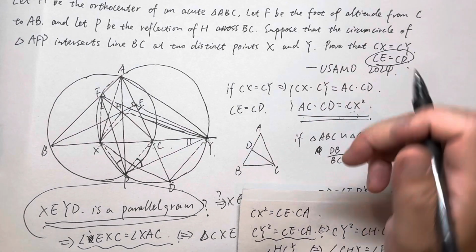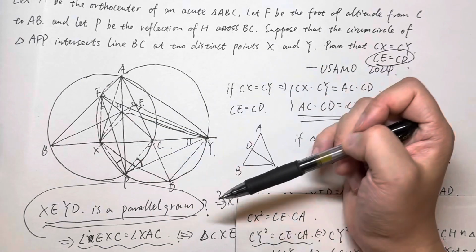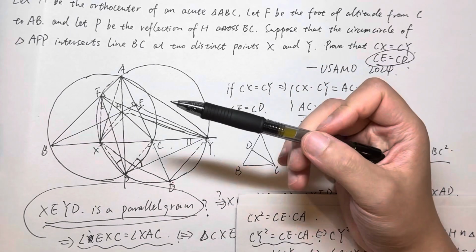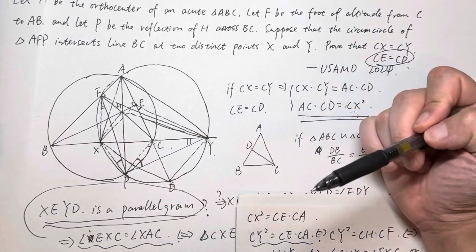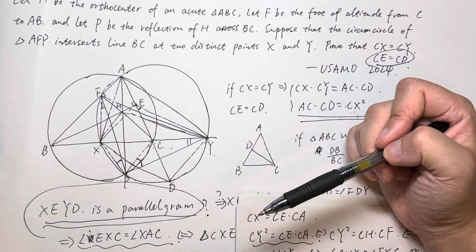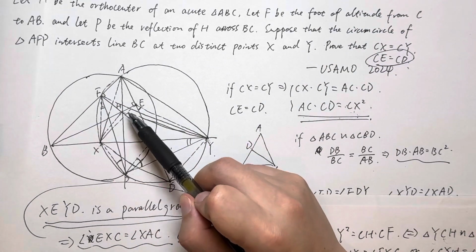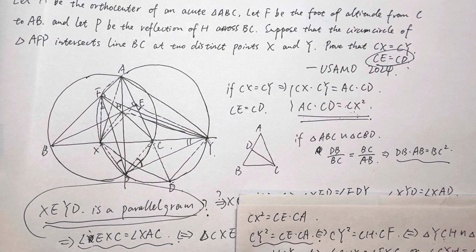And I don't want to stop here either. Just look at this figure. We just proved that XPDY are cyclic, right? In fact, XHEY are also cyclic.